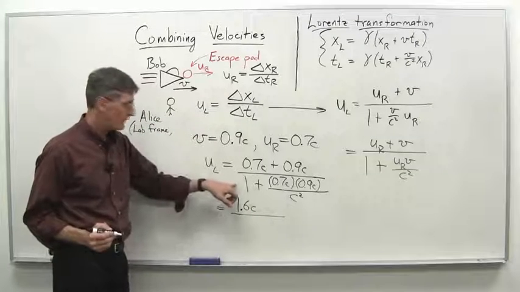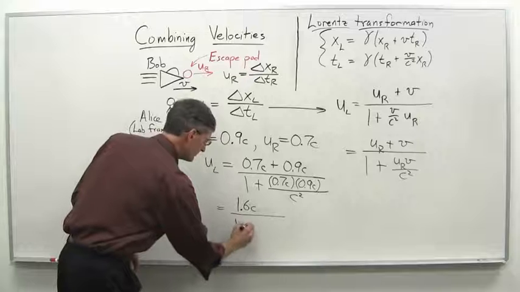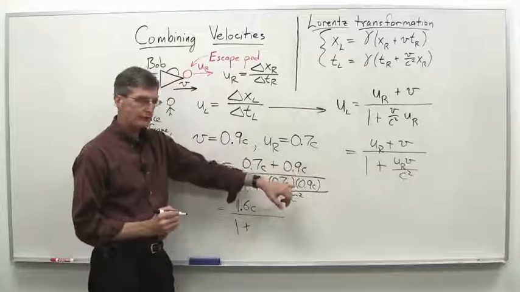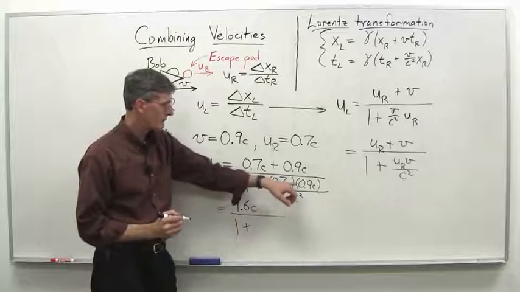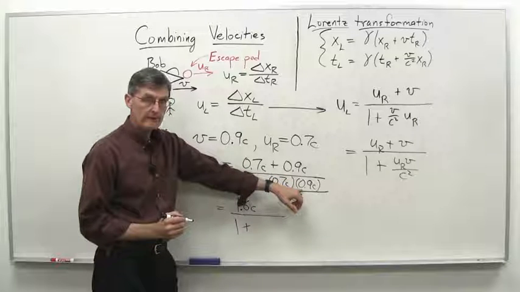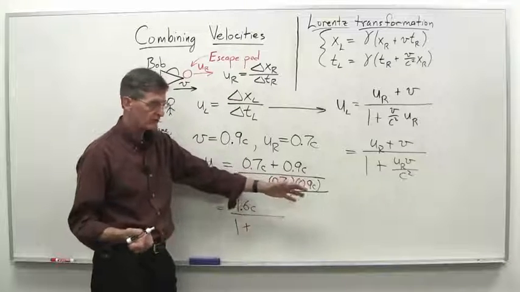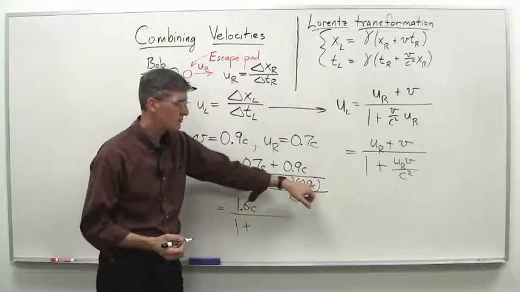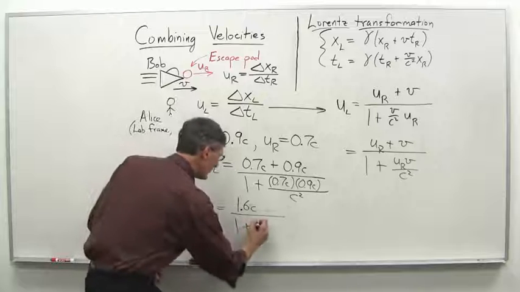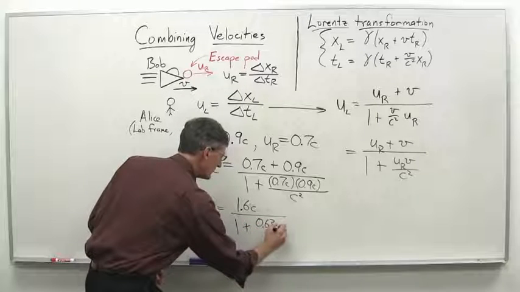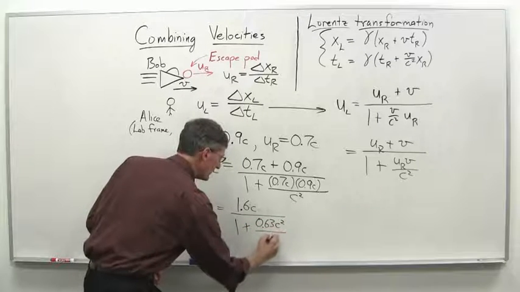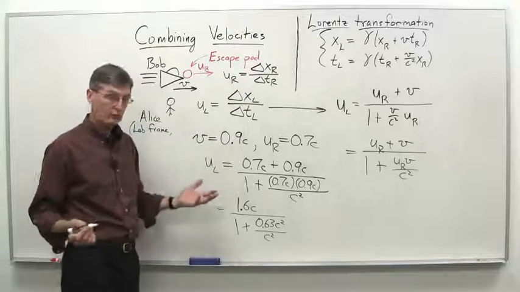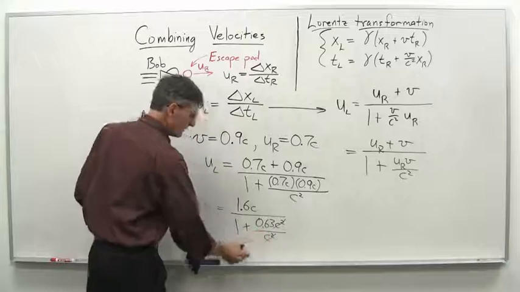What do we have on the bottom? We've got 1 plus 0.7 c times 0.9 c. So that's 0.7 times 0.9. It's going to be 0.63. 9 times 7 is 63. You get the decimals in there. It's going to be 0.63, and I've got a c squared there. So I get 0.63 c squared all over c squared. The c squareds, of course, cancel.